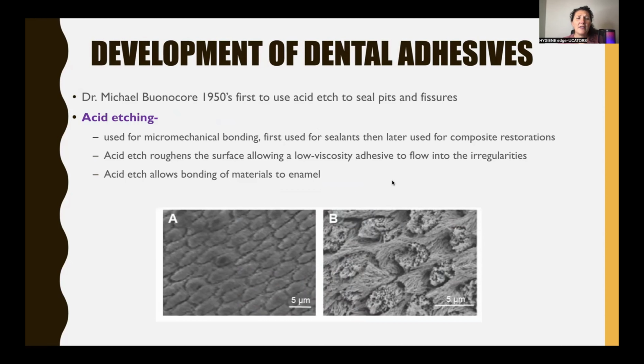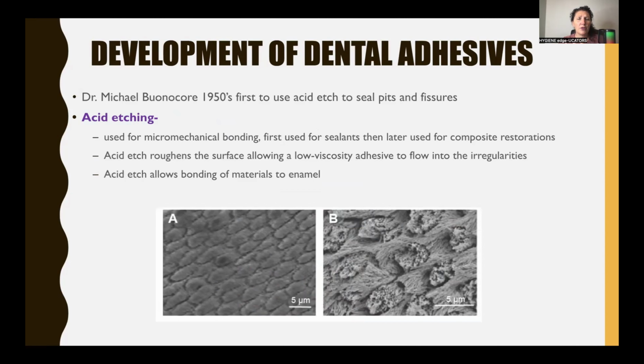Clear back in the 1950s, that's when they started to use acid etch to seal pits and fissures. This was a way to bond or adhere things to the tooth. You can see in image A, normal enamel tooth structure, and then in image B, how there are a lot of concavities in this tooth structure.